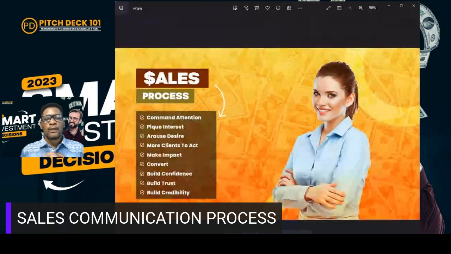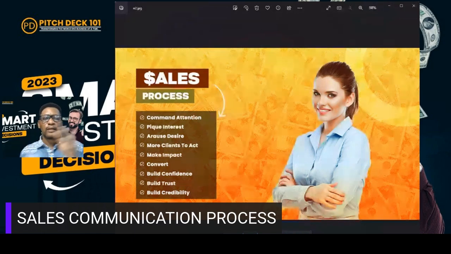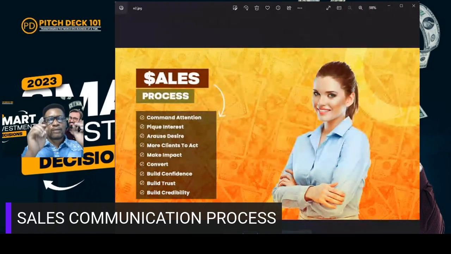So we've talked here about the sales process. But remember the yin yang: you have the sales process, the sales communication, and you have the communication process. Do you understand the communication process? It's necessary and important for you to align these two concepts next to each other and to be able to apply them the way they ought to be applied to ensure that you're getting the results that you want.